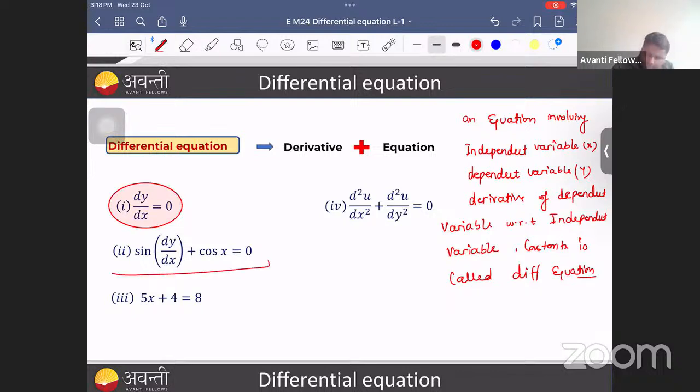Now if you see this, it has cos x, which is the independent variable. It has dy by dx, that is the derivative of the dependent variable with respect to the independent variable. So this is a differential equation. Now if you see this one, it is not a differential equation.